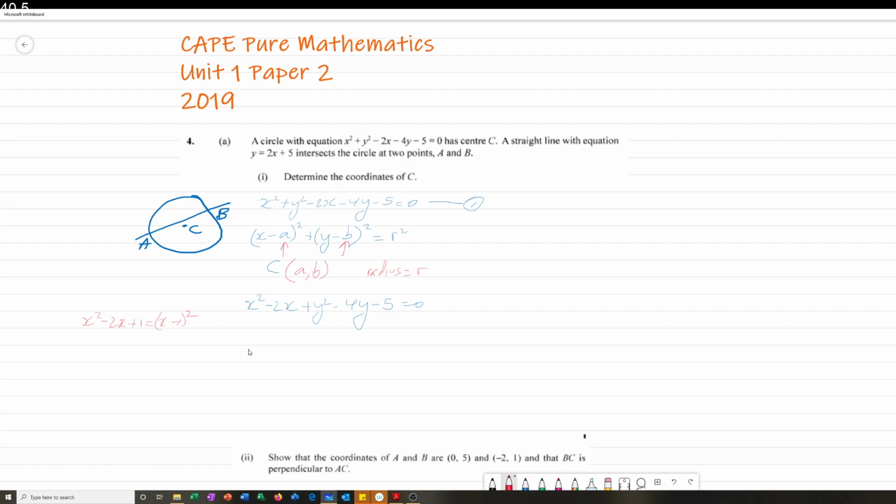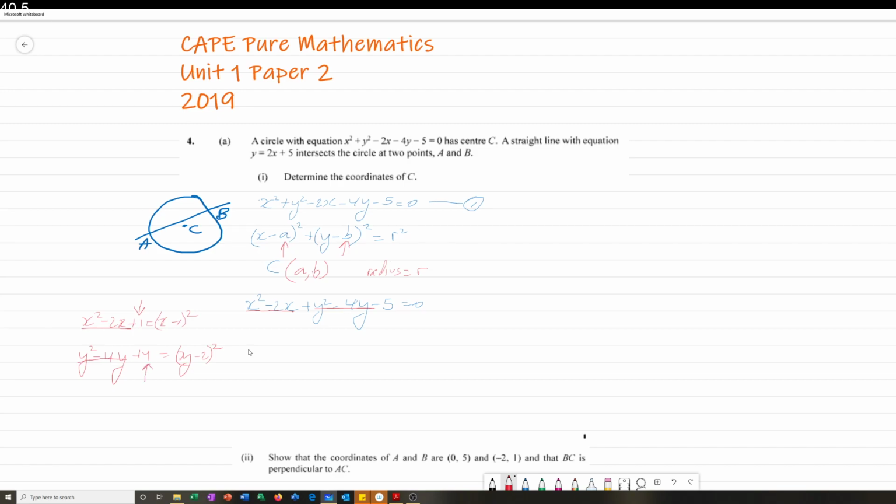This really matches this expression here, but of course I don't have the 1, so the 1 is missing. And then I notice y squared minus 4y plus 4 happens to be y minus 2 squared. So this expression is like that one, but I'm just missing this 4.